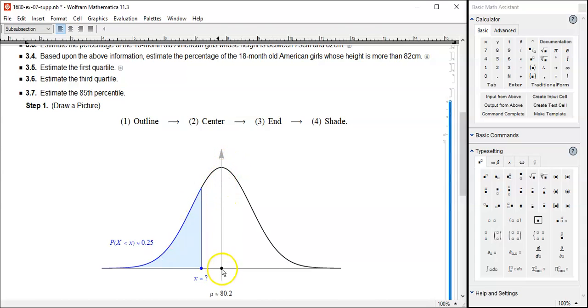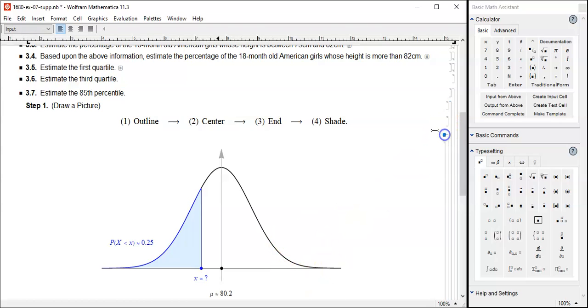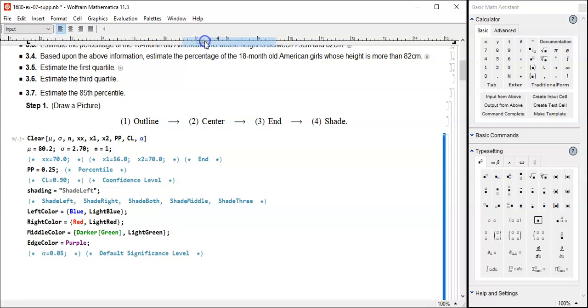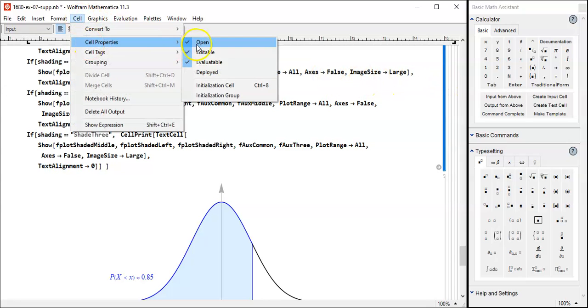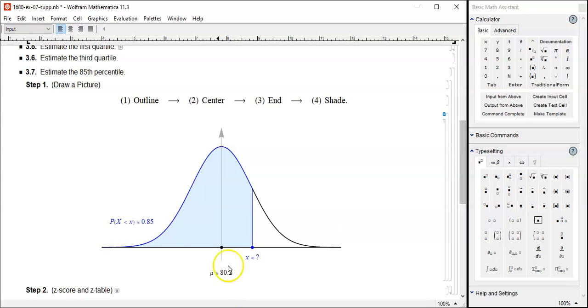This is 50% in the middle, so I have to go quite a bit to the right around here so that all the way left is big, and then to the right only a small portion, just 15%. And here we go. This is the shading. So I'm looking for this, and this is 85%, and by default, this part is 15%.